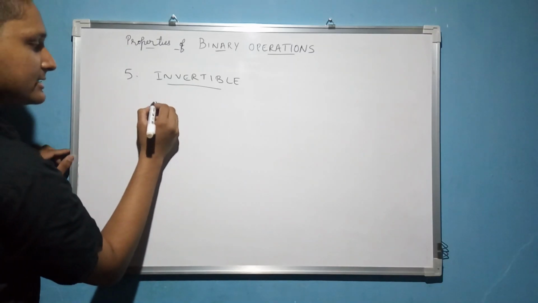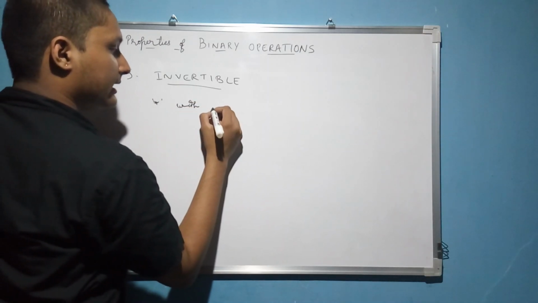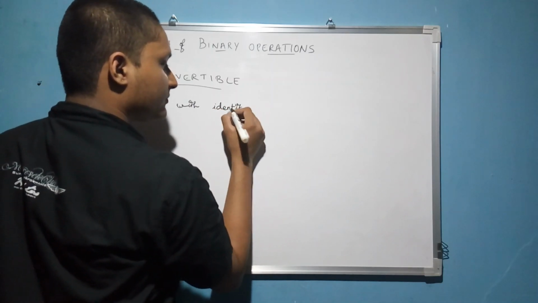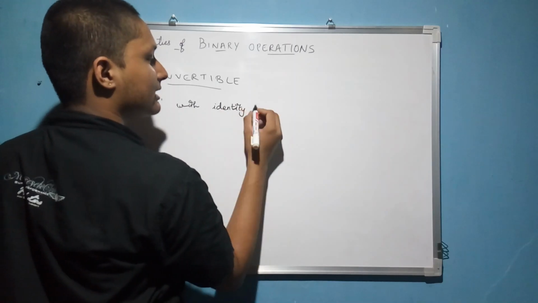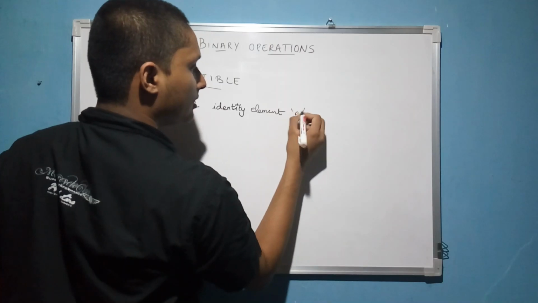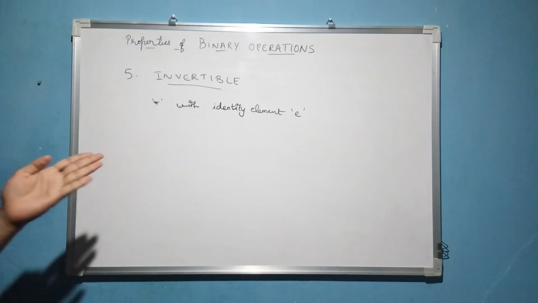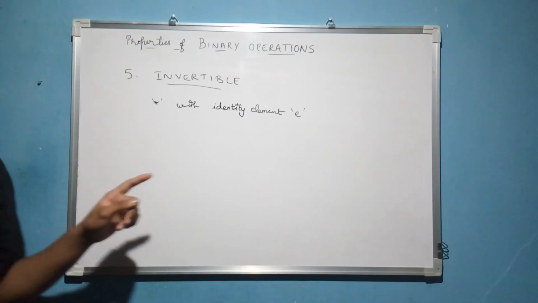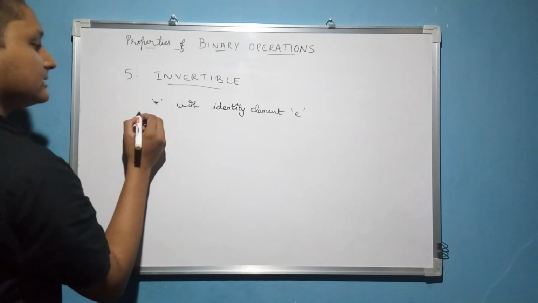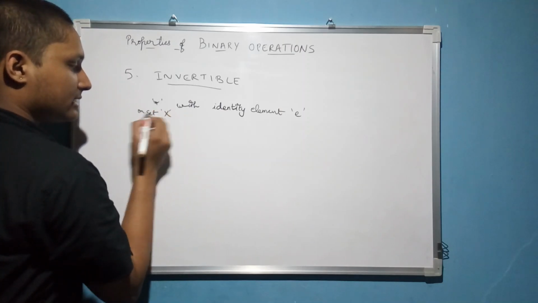Star is a binary function with the identity element E. In the previous one we found out that we could denote it by E. For this identity element E, you have A star E is equal to A, that is equal to E star A, for every A belonging to the set, say on set X, in this case.